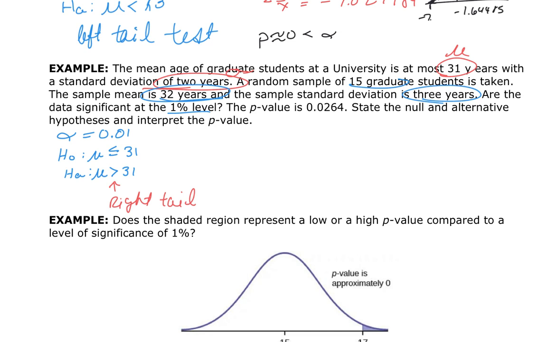There we go. Okay, so the z-score for the alpha of 0.01 is negative 2.32635. The z-score for my x bar is being calculated as 1.9364917.